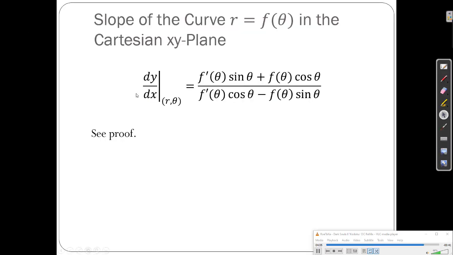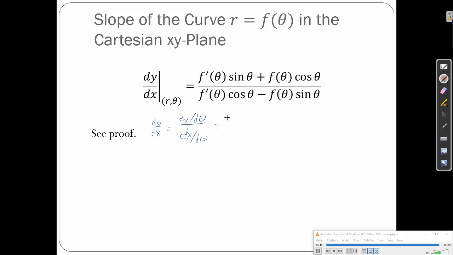And the last thing we're going to talk about a little bit in this section is just the slope of the curve, the derivative in the xy plane. It's not hard to derive this. We know from our parametric equations that if we write in terms of theta, if we want to write dy/dx, this is the same thing as dy/dθ over dx/dθ.